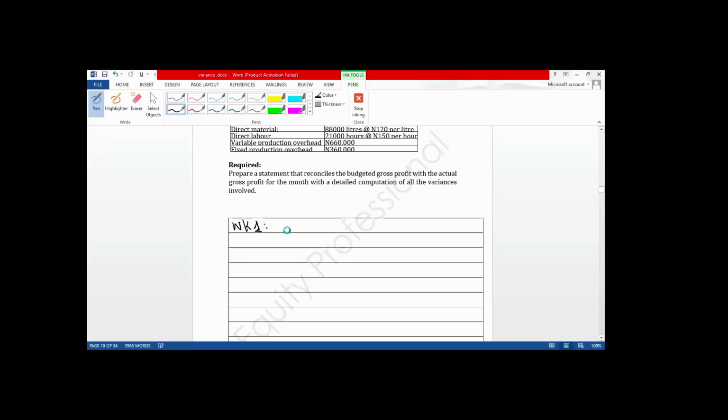Working one. Calculation of budgeted gross profit.